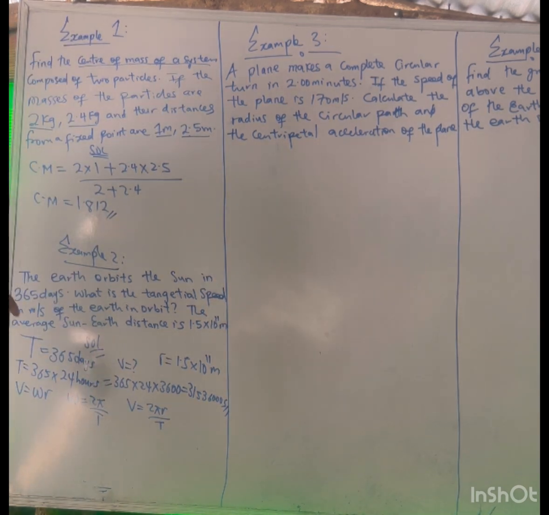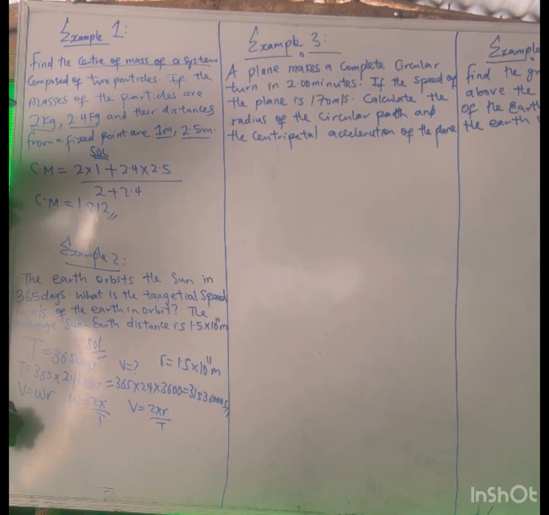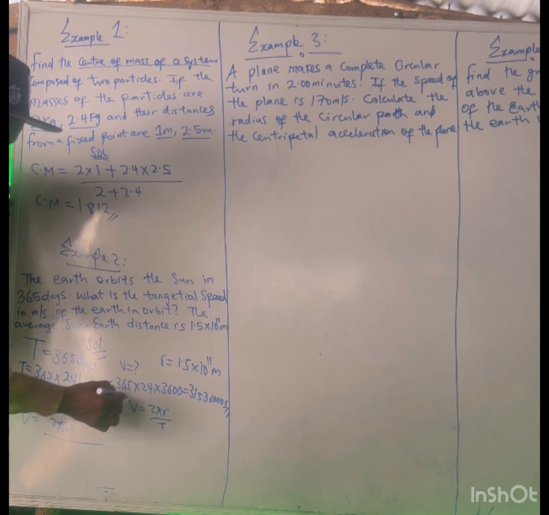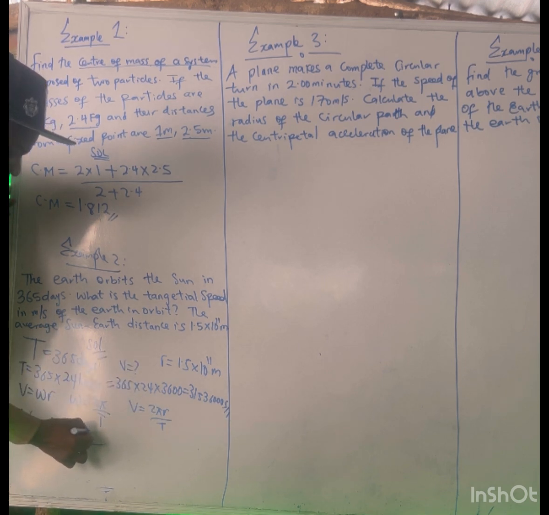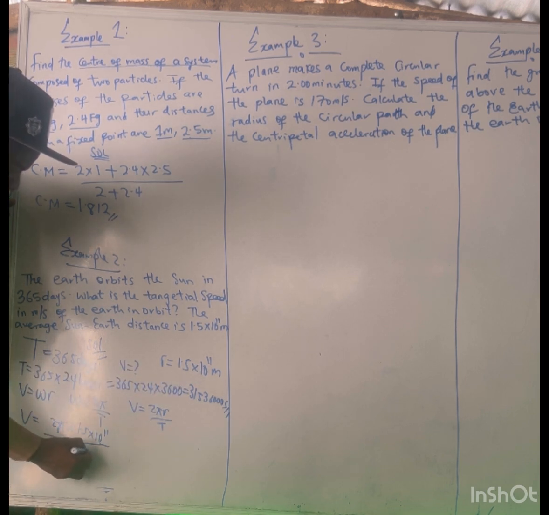So I will just substitute the value of the R here and the value of the T here to get my final answer for the speed. So my V equals 2 pi times my R, 1.5 times 10 raised to the power 11, all over my T, the period, that is 31,536,000.